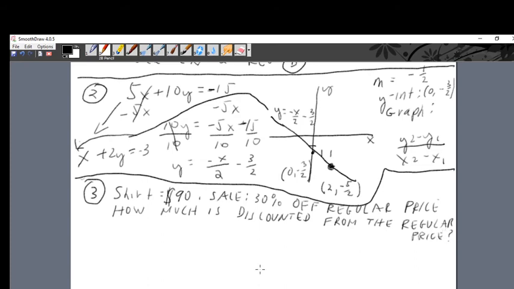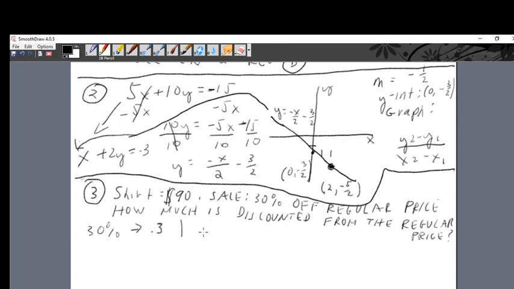Okay, so step 1, change 30% into a decimal. Move the decimal place, the imaginary decimal place, over 2 places to the left. It becomes 0.30, but we don't need 0.30. Just call it 0.3. All right, that's step 1.